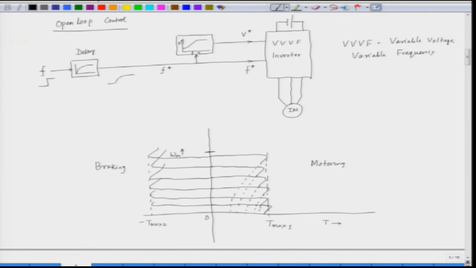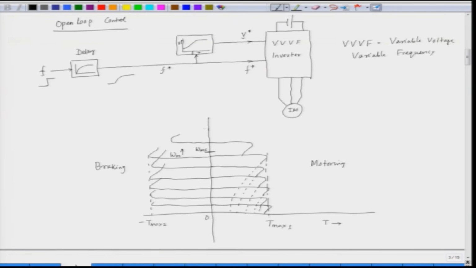Now, this is the base speed, this is omega ms, the rated synchronous speed. Beyond that, we keep the voltage constant, but we increase the frequency. So, the V by f reduces, so that leads to reduction of the torque. So, gradually the torque reduces.